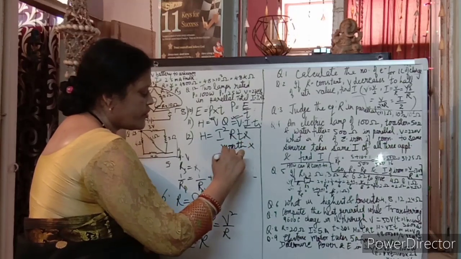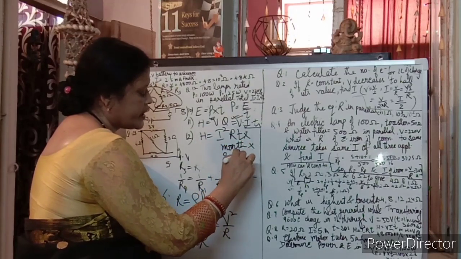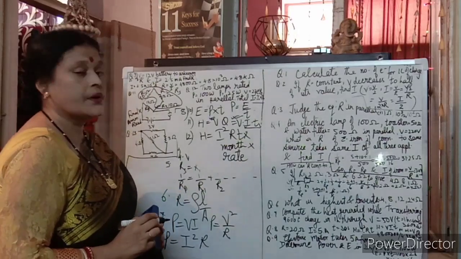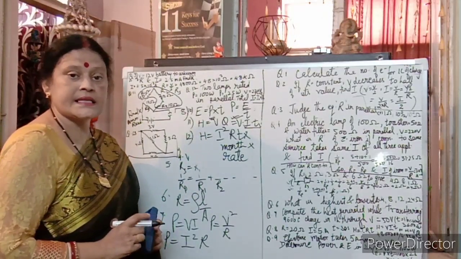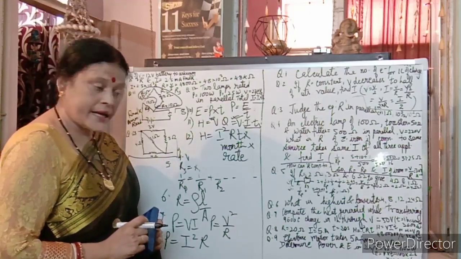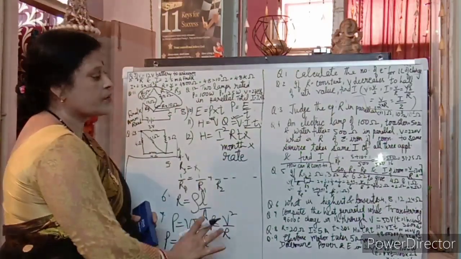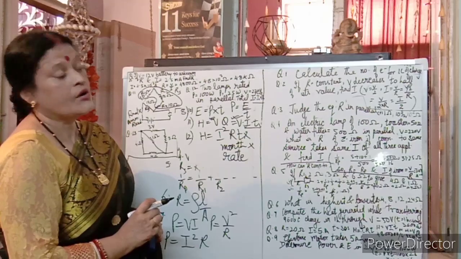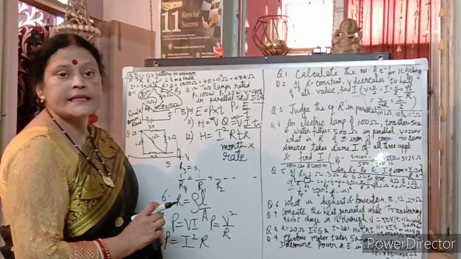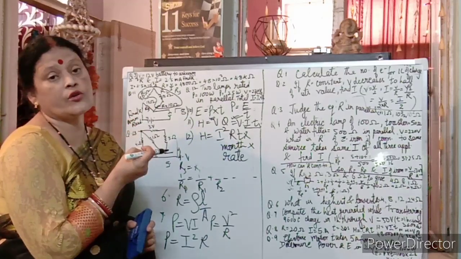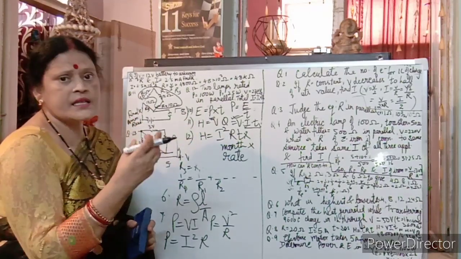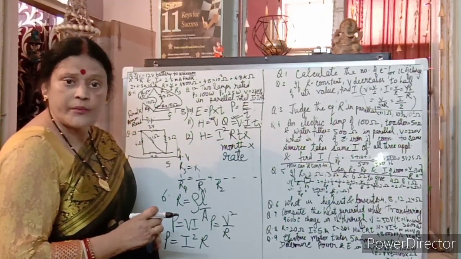Right? So these are the formulas which are very, very important for your electricity chapter. If you hold these formulas in your mind, then it will be very easy to calculate the numericals.